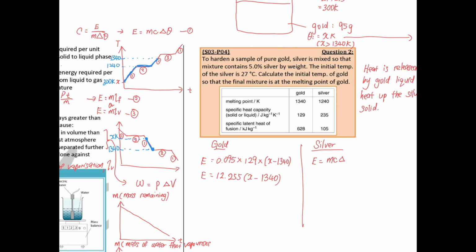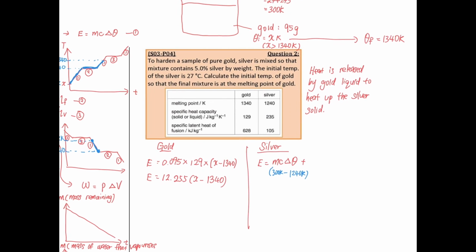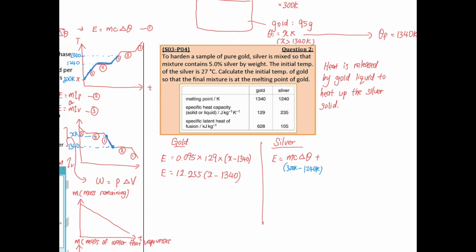mc delta theta: this is the heating up of the solid from 300 Kelvin until the melting point, 1240 Kelvin. Now the silver melts at 1240.